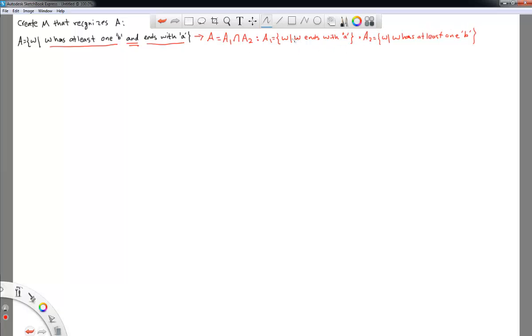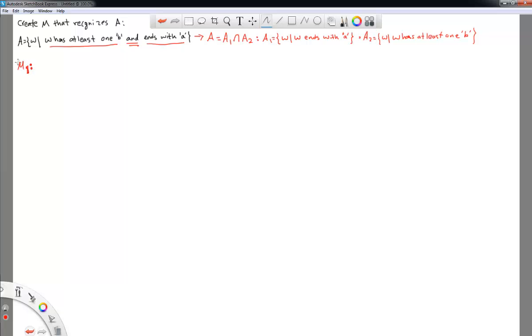These are actually fairly simple machines to build. If you don't remember how to do this, revisit the previous unit, Unit 4, in which we showed how to design finite automata. Basically, the idea is to simulate states. So for A sub 1, I'm going to create an M sub 1 that basically has two states.